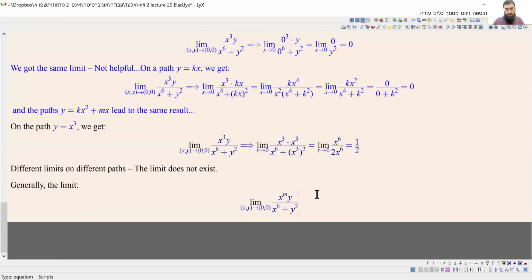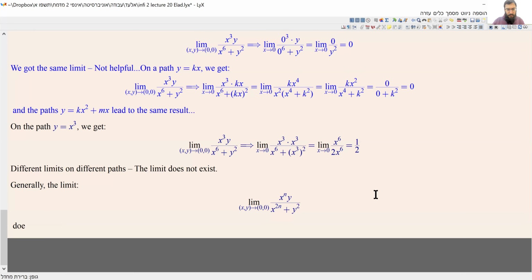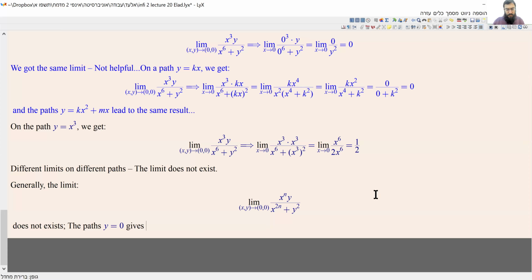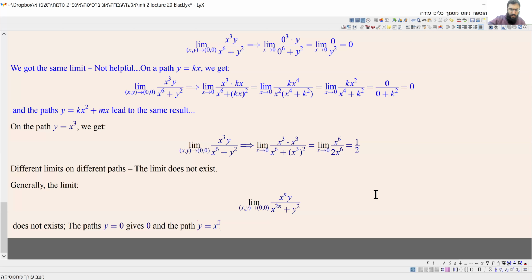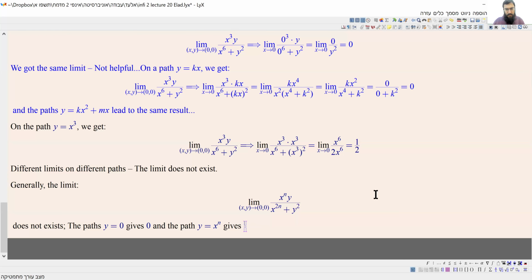x to the power of n, x to the power of 2n does not exist. The path y equals 0 gives 0, and the path y equals x to the power of n gives half.